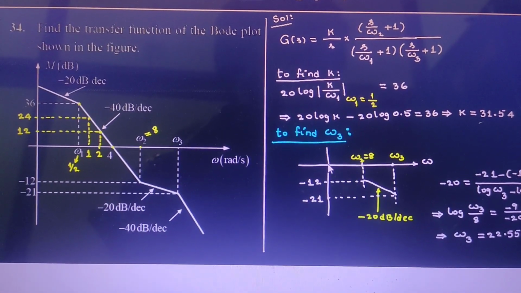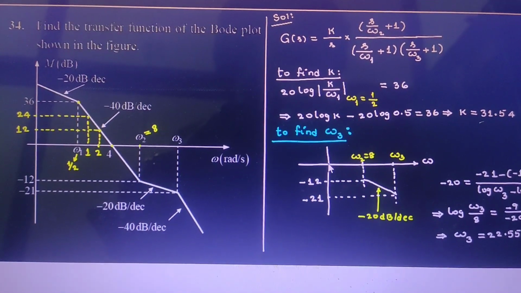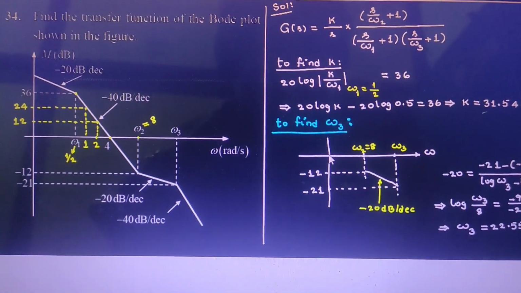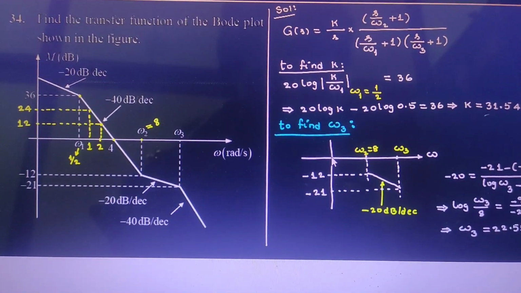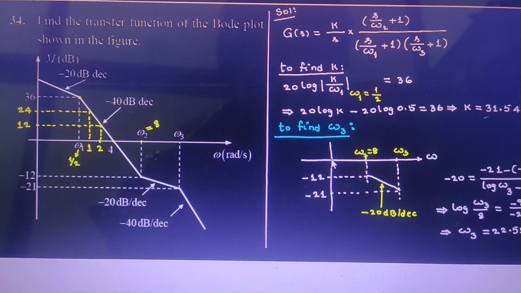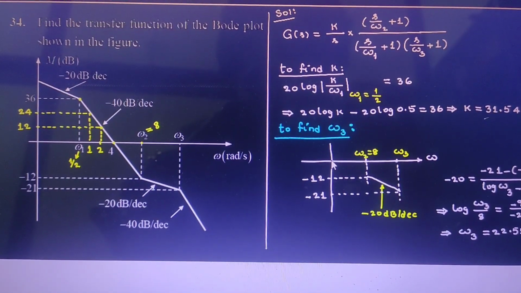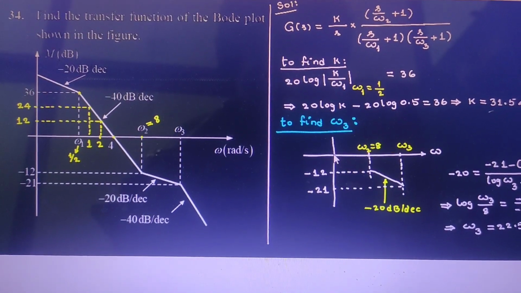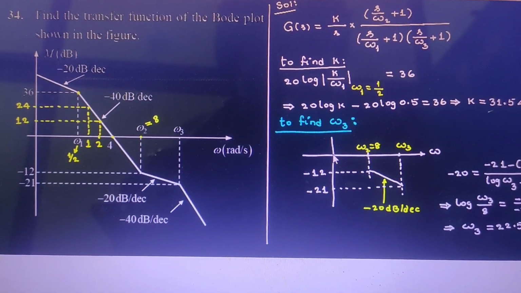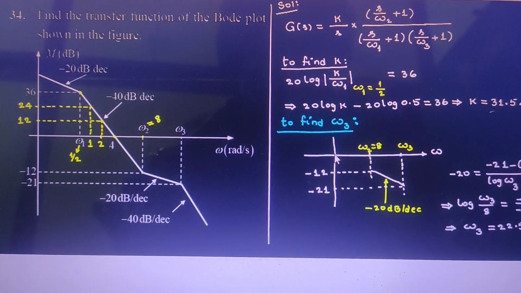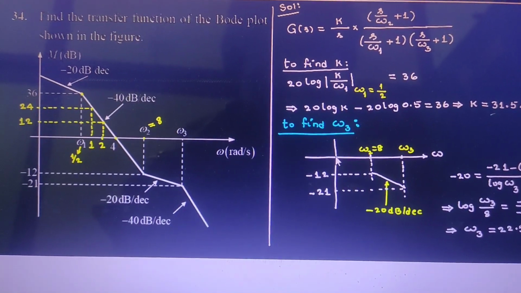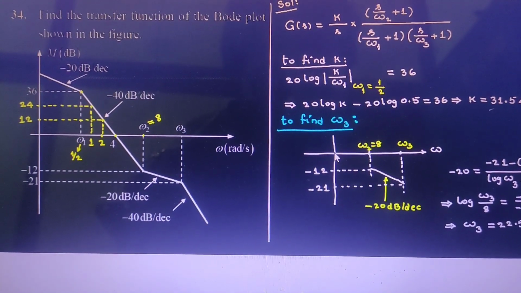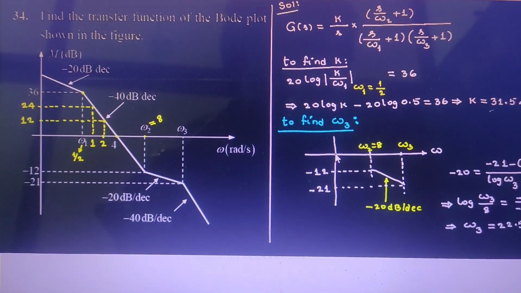If there is a slope drop of minus 12 dB, you should multiply by 2. From 36 there is a drop of 6 dB, but we get the intermediate value of 30, so we ignore it, and again 6 we subtract, and you get 24 dB. So from the initial magnitude 36, you drop to 24 dB, which is minus 12 dB.